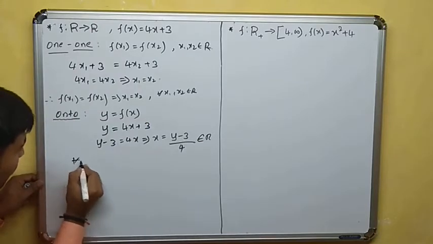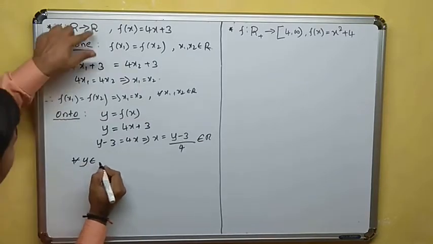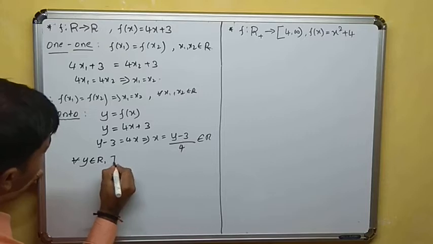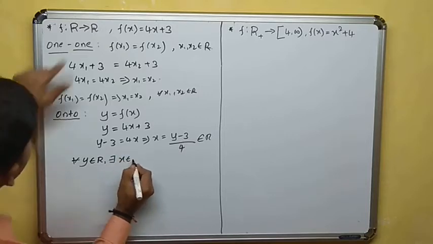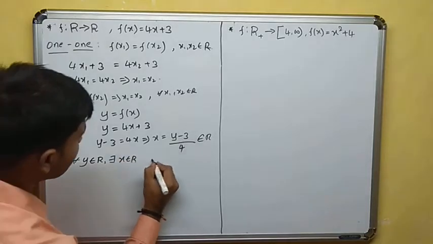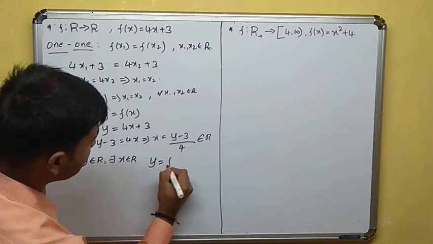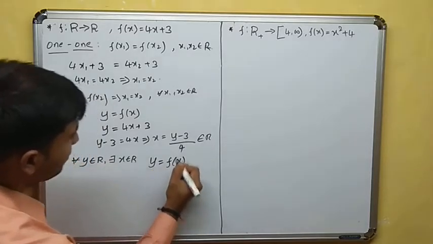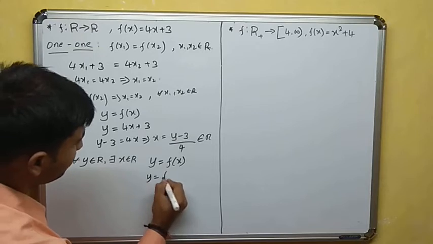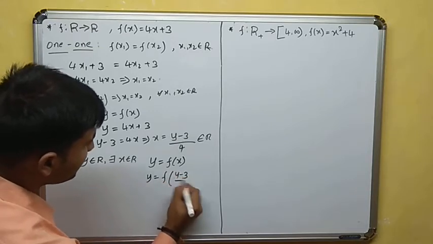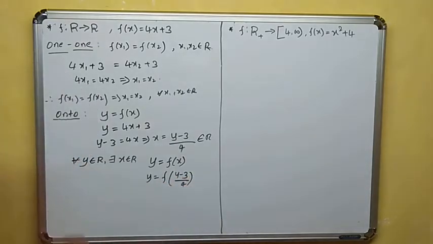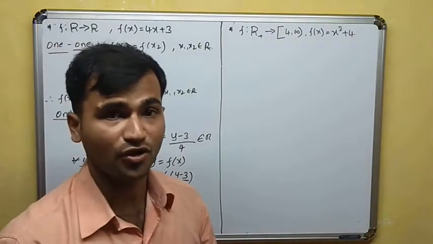Therefore, for all y belonging to R, there exists x belonging to R such that y is equal to f of x, or else you can say y is equal to f of (y minus 3 divided by 4).